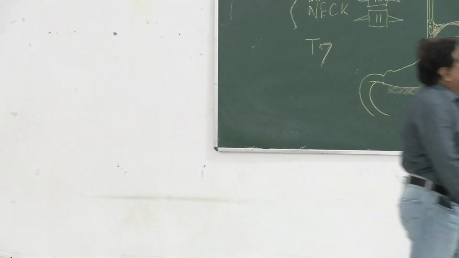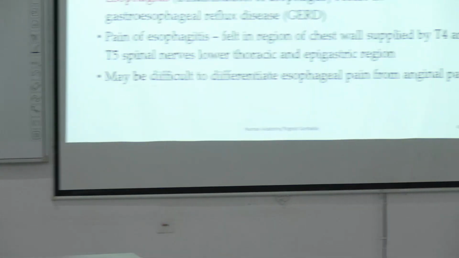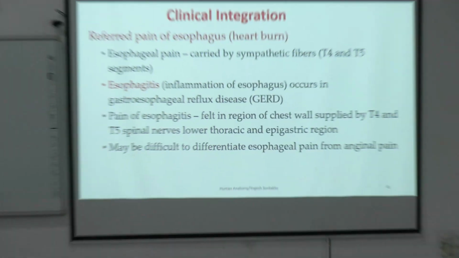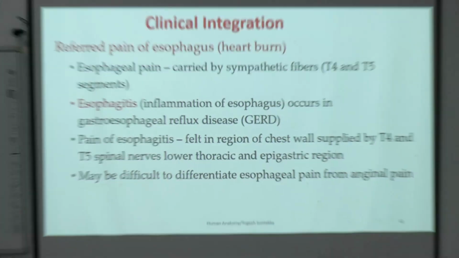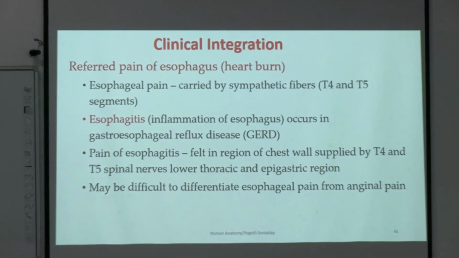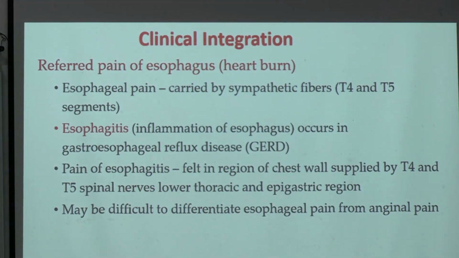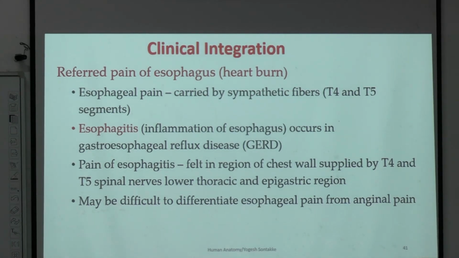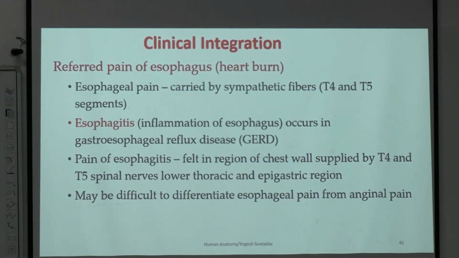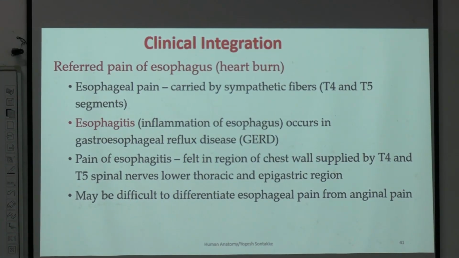Okay, now esophageal pain is carried by sympathetic fibers, pain in esophagitis. Now don't take for granted any pain in the chest, whether complaining of acidity or something, or not complaining.